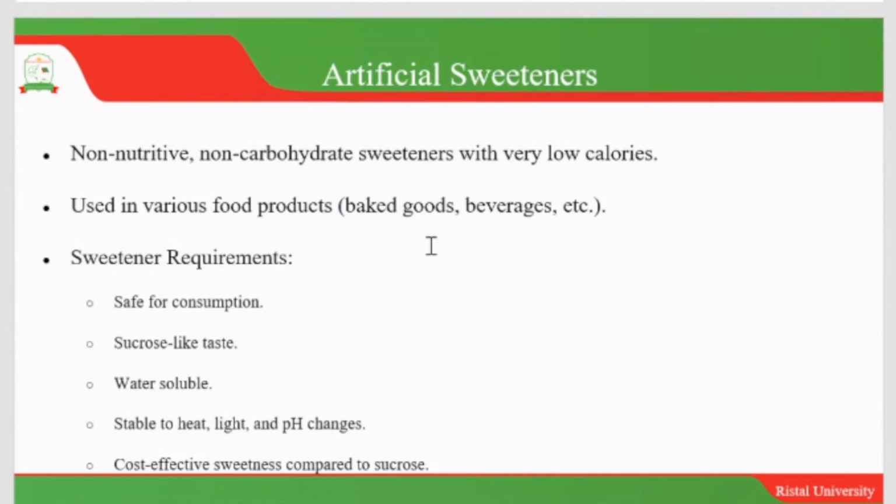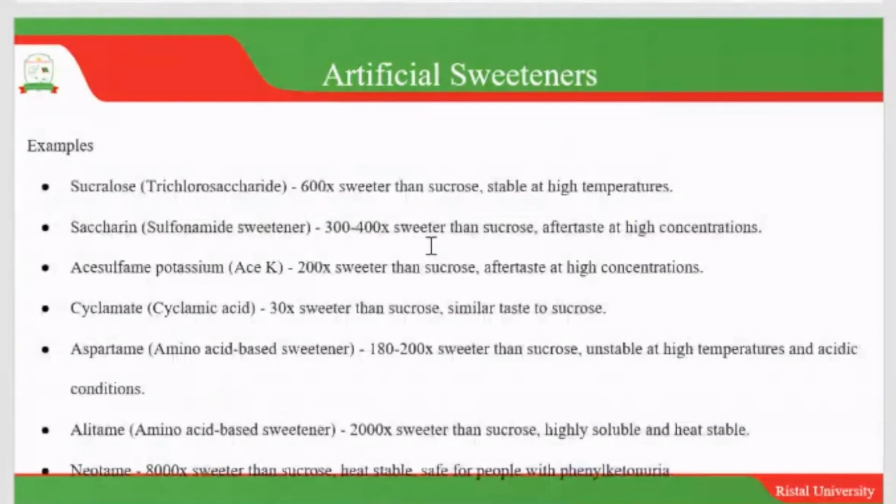Okay. For example, we have sucralose, and you will see that most of those foods are indicated for people who have diabetes, but also saccharin or the sulfonamide sweeteners. This is 300 to 400 times sweeter than sucrose. And after testing at high concentrations, you still feel that your tongue is still feeling sweet.